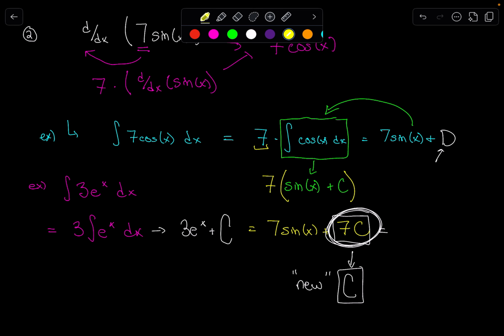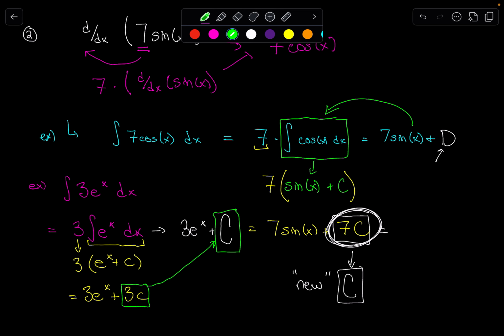Or you could go the other way where you say this antiderivative here is e to the x plus c, and then there's the 3 from earlier, so my answer should be 3e to the x plus 3c. But again, this 3c is just some constant. It's just another random constant, and so we just package it together and call it new mega c if you want. It doesn't really matter. It's just there as a placeholder to indicate that there's some value that could be there, because when we take the derivative, it's going to match up over here.